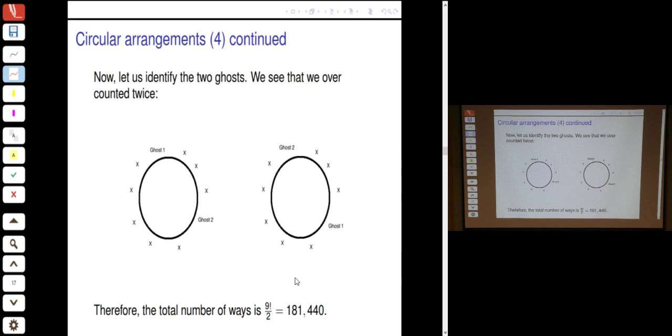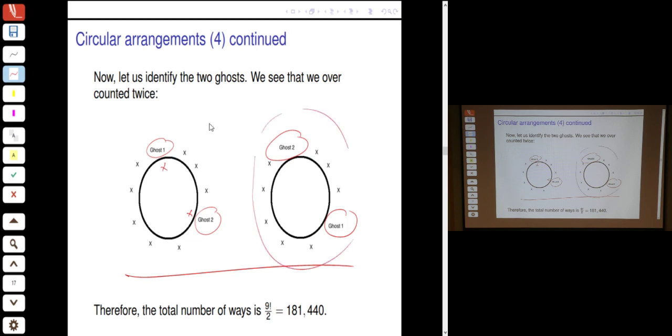As I already drew in the previous slide, if you consider the 2 vacant chairs as 2 different guests or 2 different ghosts, then the arrangement of a vacant chair here and a vacant chair there would lead to 2 different seating arrangements.